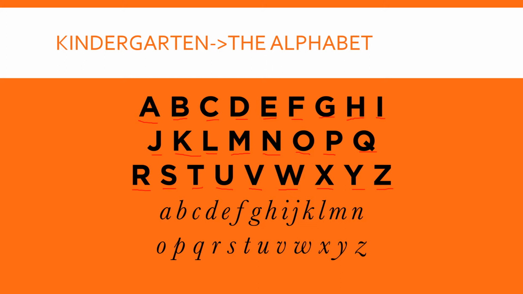This is the lowercase, little A, B, C, D, E, F, G, H, I, J, K, L, M, N, O, P, Q, R, S, T, U, V, W, X, Y, and Z. Okay. All right. Very good, everyone.